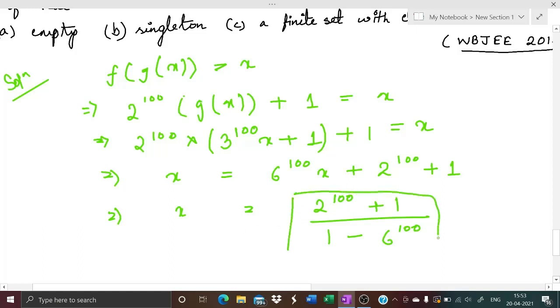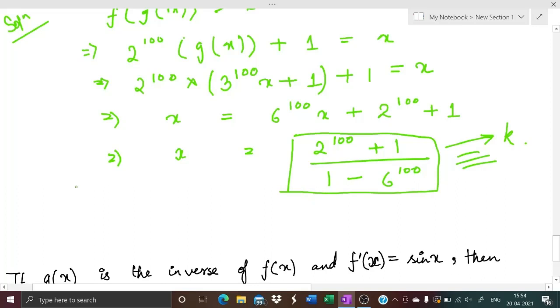Okay, this is a particular value. If you calculate this, something will come. So I am getting only one value of x. So my set x will have only one value, that is x equals to this, which is something, let's say k, any constant k. So my set of x is only containing one single element, that is k, every time.